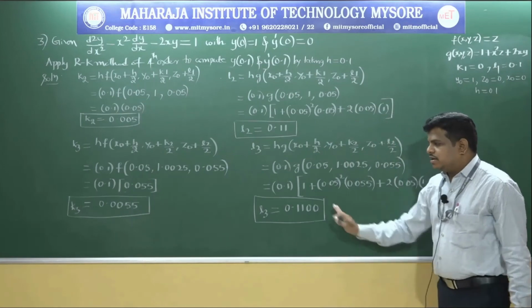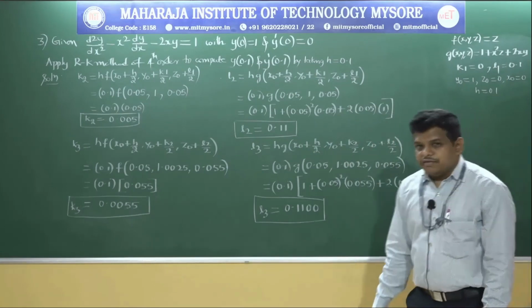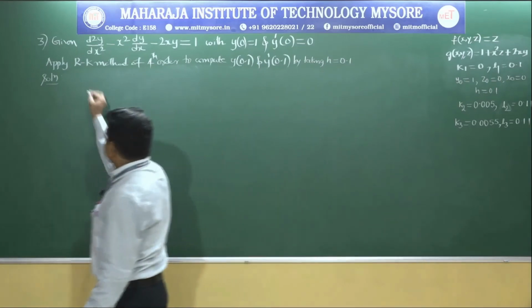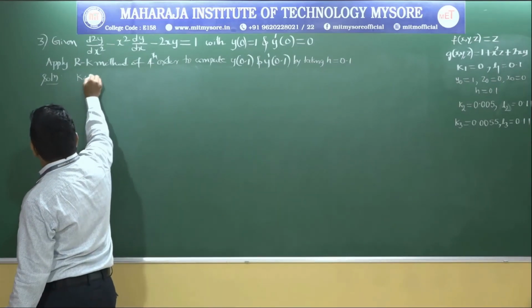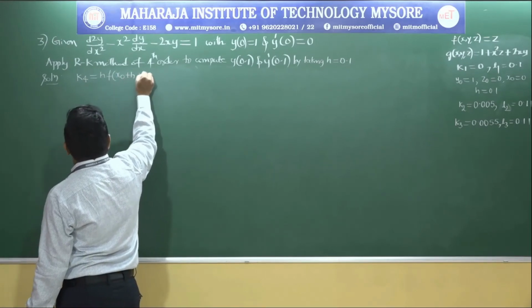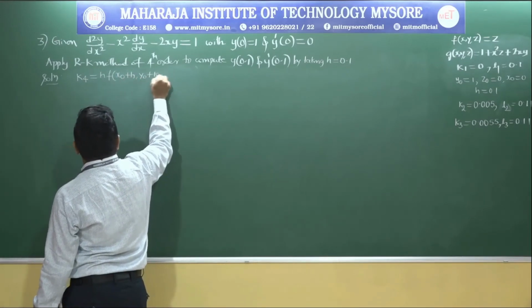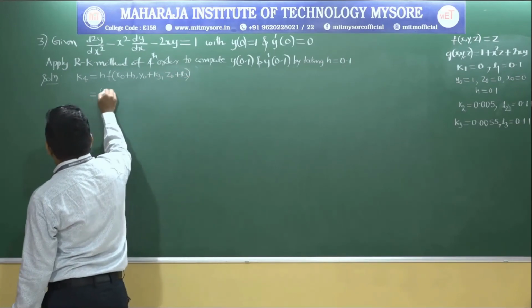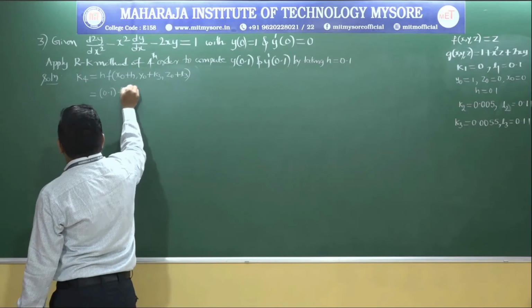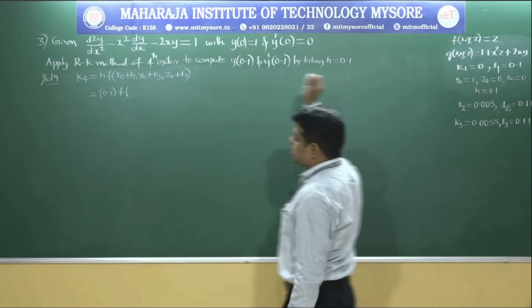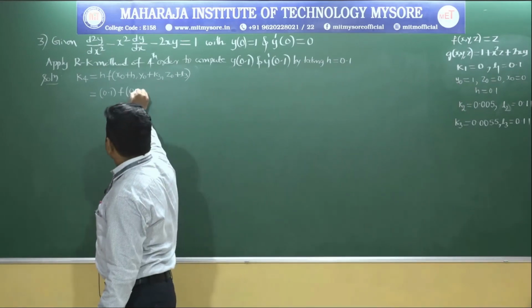Okay, after finding L3, we need to find K4 and L4. Now, K4 is given by K4 equals h into f of x naught plus h, y naught plus K3, z naught plus L3. That is equal to h value is 0.1, f of x naught plus h, x naught value is 0, h value is 0.1.